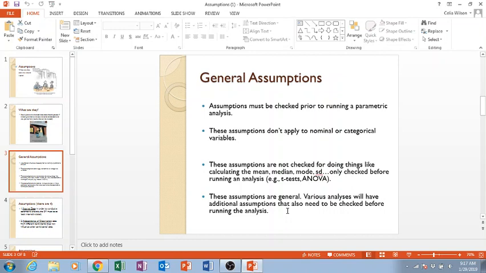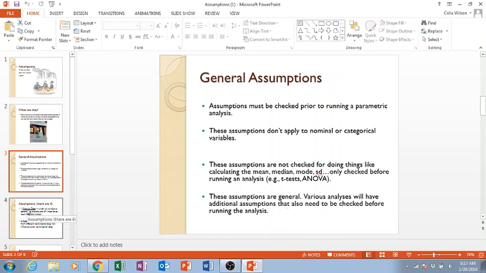But as we talk about the different analyses this semester, we may add to this list of 4. We may take away from this list of 4. And it will look different for each analysis. But if we start and build the foundation based on these 4, then it'll be a little easier to add and take away as we go along.